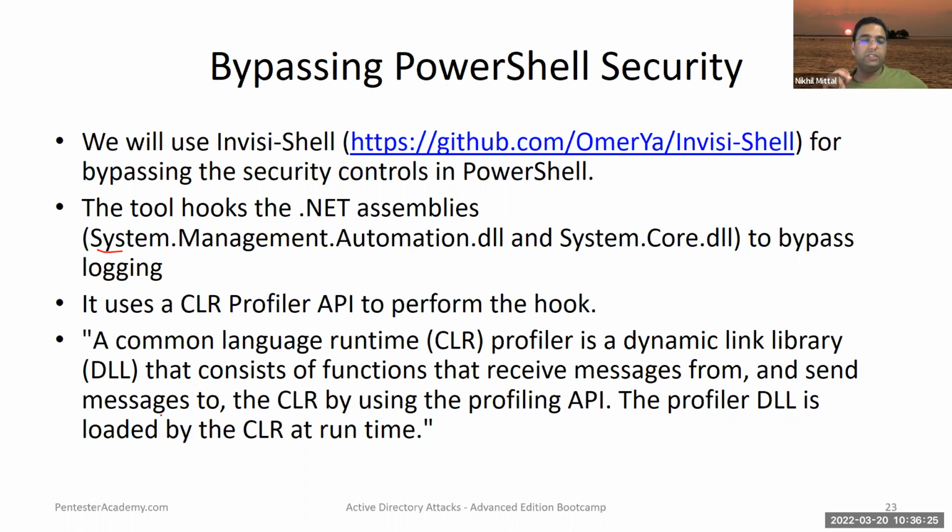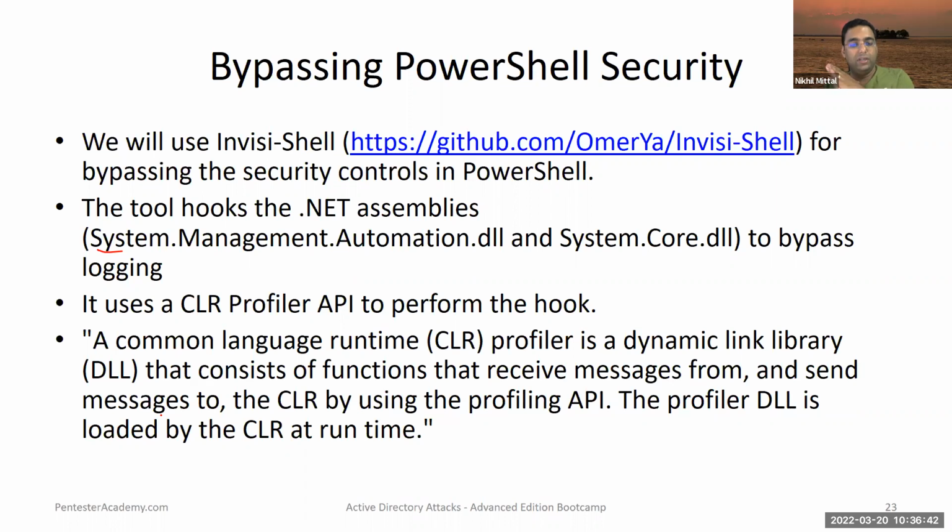Now, InvisiShell uses a CLR profiler API to perform the hook. What is a CLR profiler? A CLR profiler is a DLL that consists of functions that receive messages from and send messages to the CLR by using a profiling API.